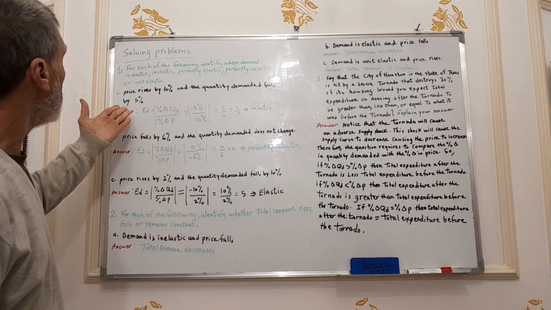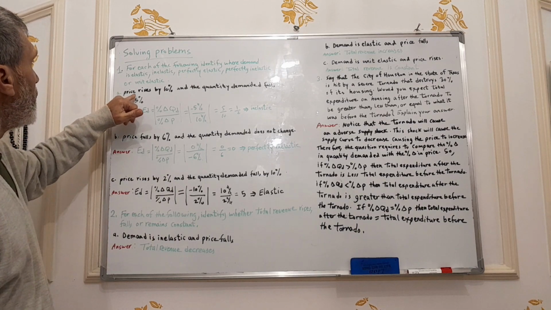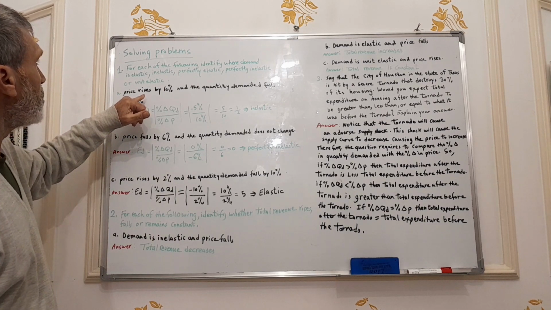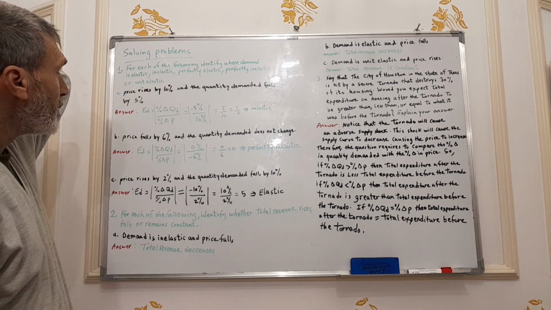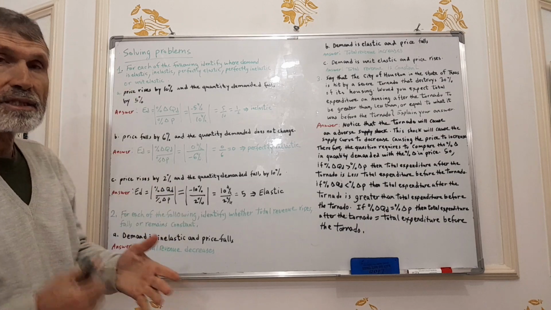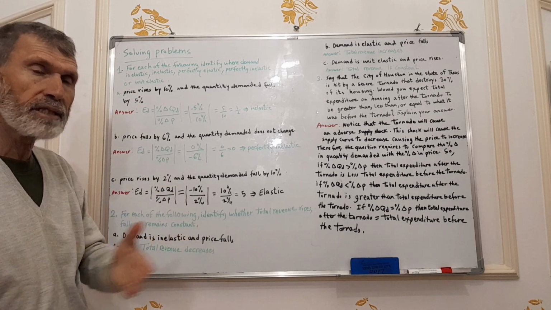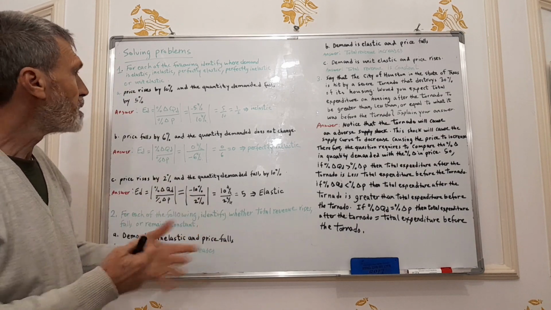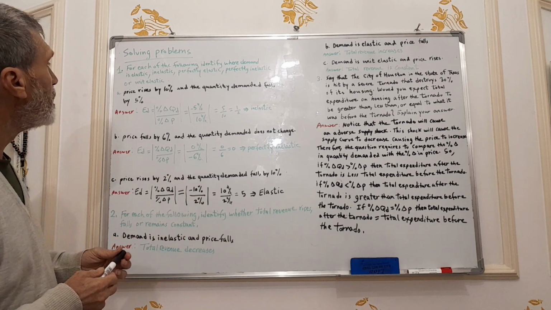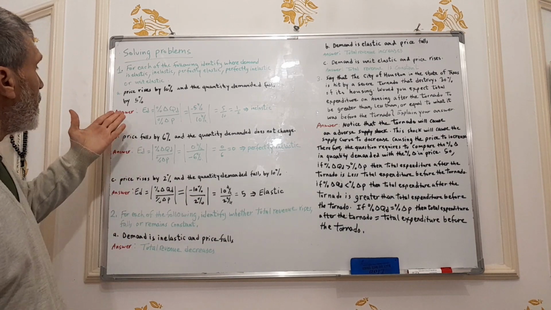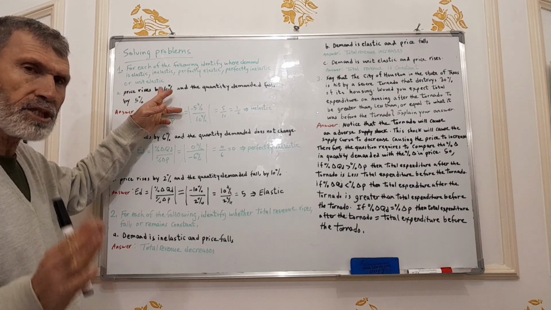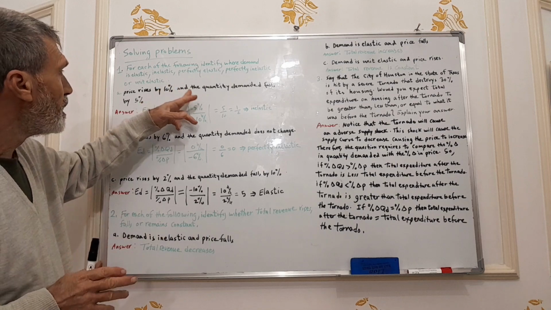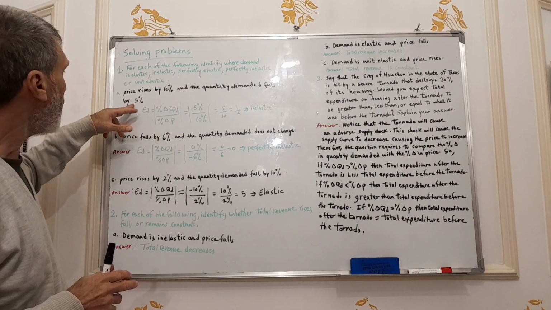Now, in each of the following, we need to identify whether demand is elastic, inelastic, perfectly elastic, and so on. Part A: price rises by 10%, so the percentage change in the price is 10%, and the quantity demanded falls by 5%.